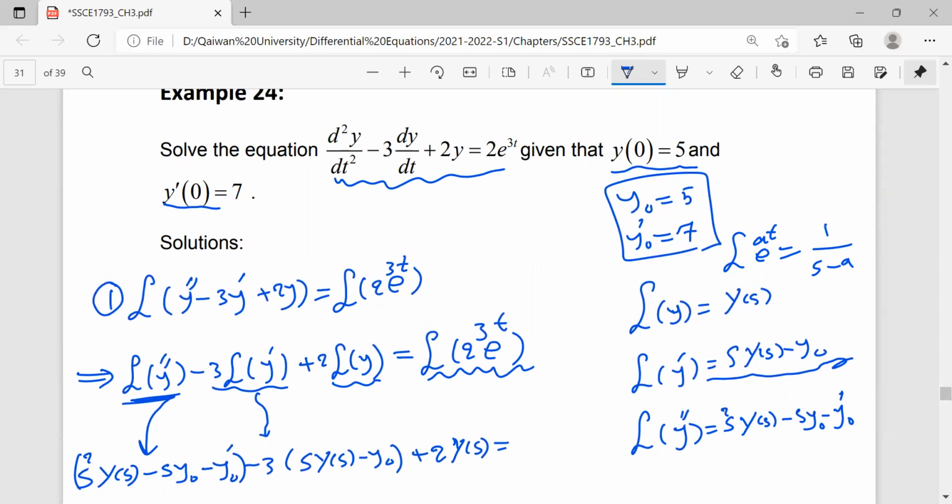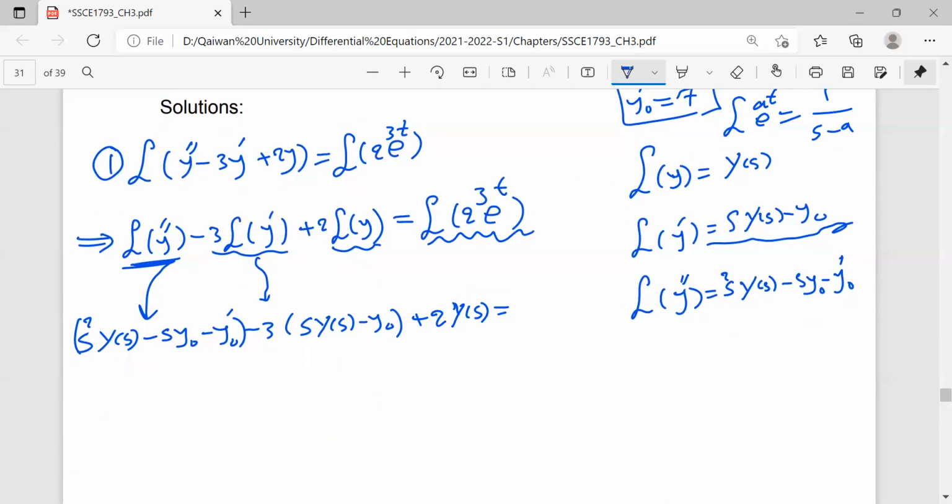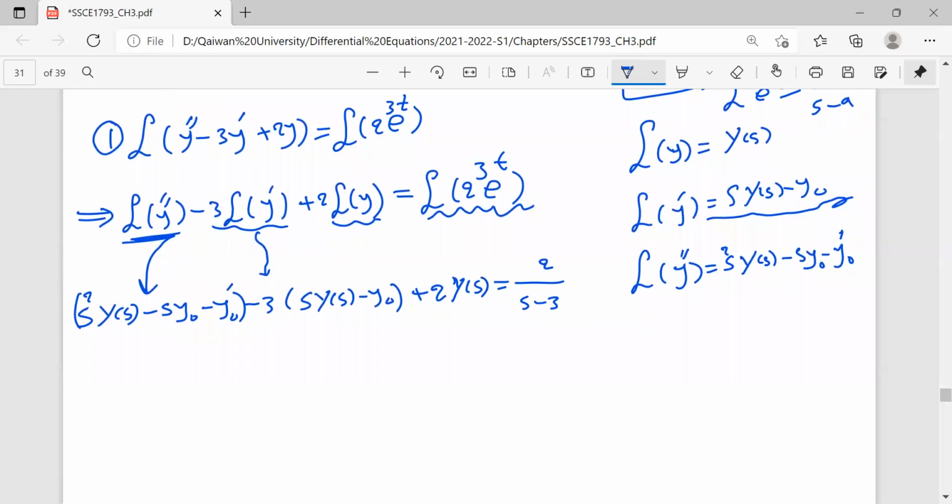So the Laplace transform for the right-hand side is 2 over s minus 3, since a is 3, the coefficient of t in the exponent. Now, this is the first step.